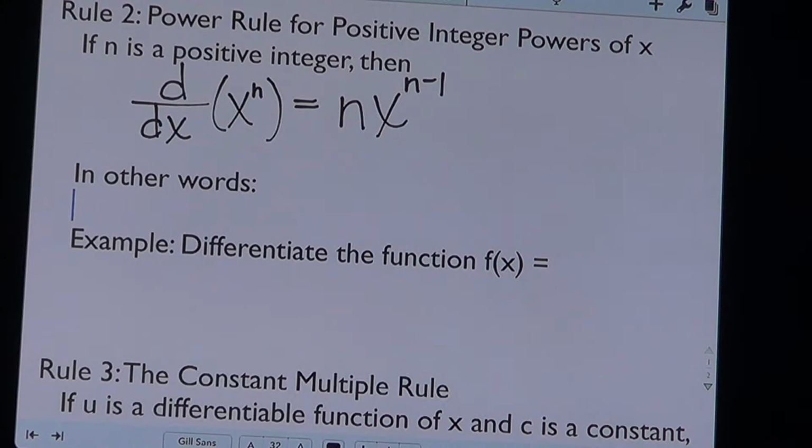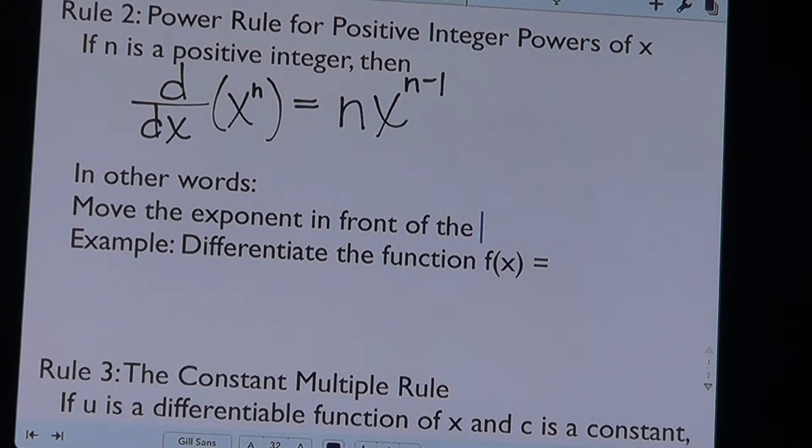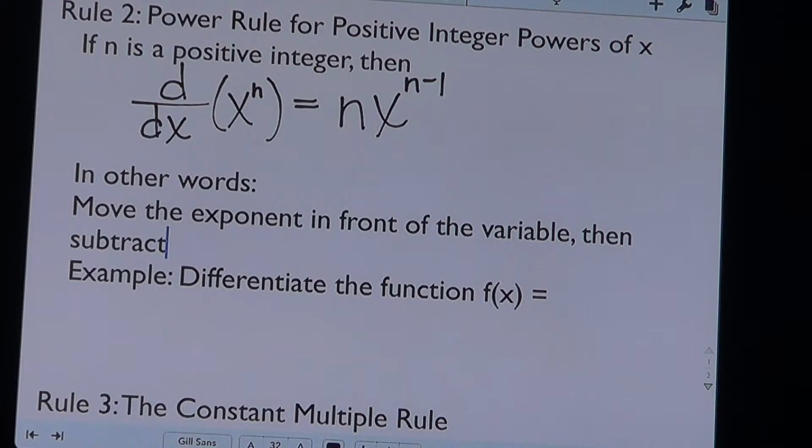In other words, we move the exponent in front of the variable, and then subtract 1 from the exponent.